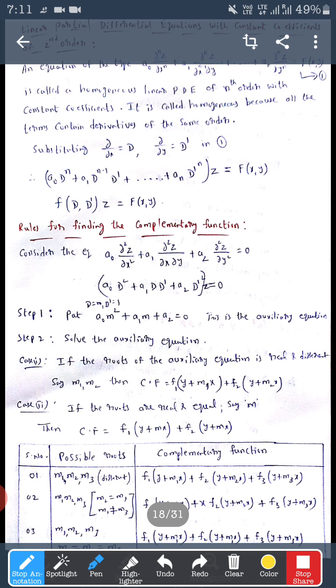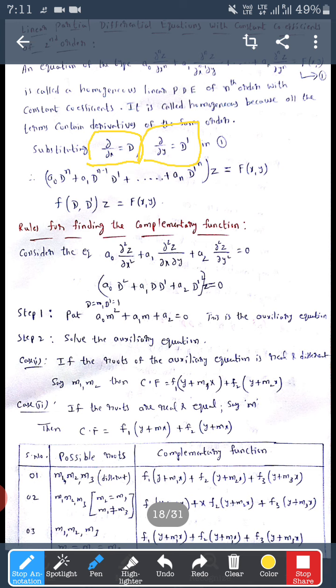So you have to remember these 2 points. D means dou by dou x, D dash means dou by dou y. These are the 2 points you have to remember.